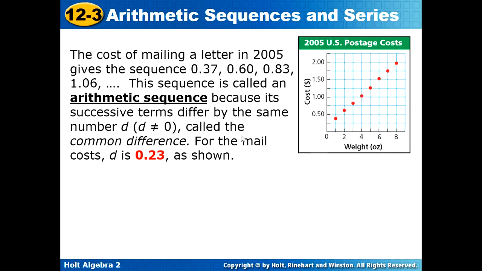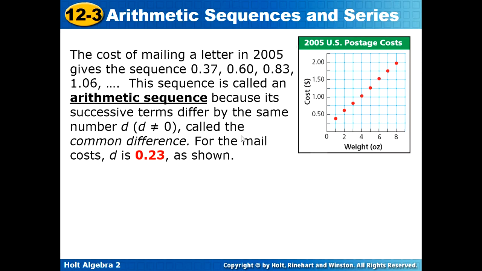The cost of mailing a letter in 2005 gives this sequence: 0.37, 0.60, 0.83, and 1.06. This sequence is called an arithmetic sequence, and this is key right here, because its successive terms differ by the same number.